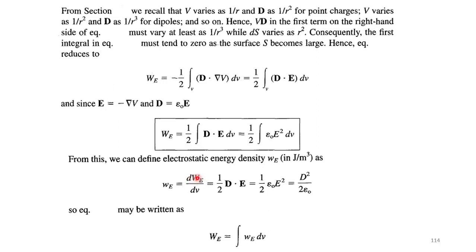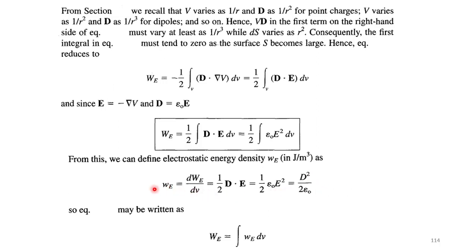The total energy is written in terms of integration and we are differentiating it with respect to volume. In all it will become 1 by 2 D into E, or only in terms of E it can be written as 1 by 2 epsilon naught E square, or only in terms of D it can be written as D square upon twice epsilon naught.